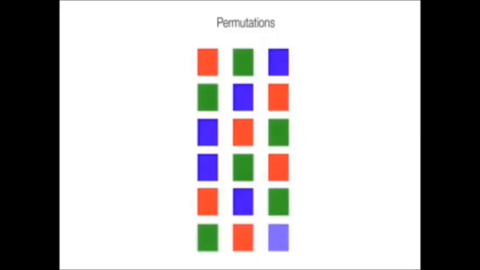Now let me fill in all the squares and all the different permutations, and I will have 6 hopefully. There's 1, 2, 3, 4, 5, 6 permutations without repeating, and only one combination.